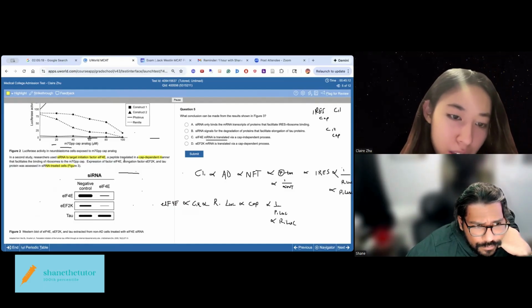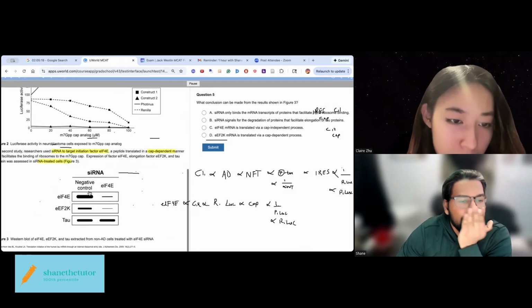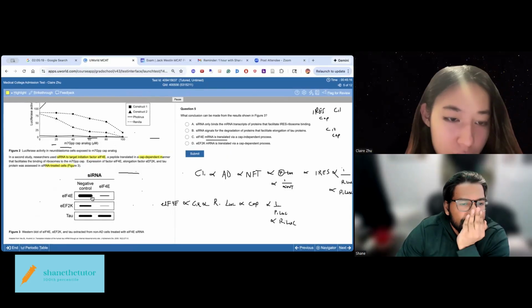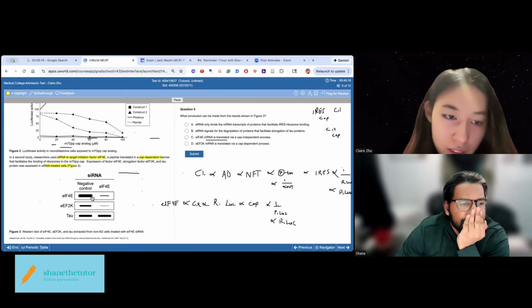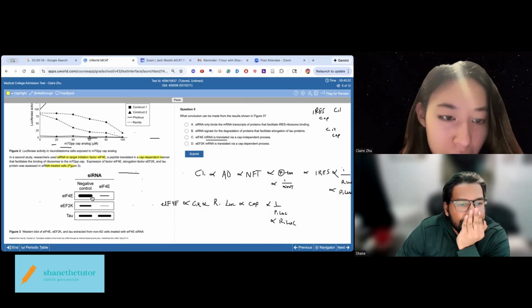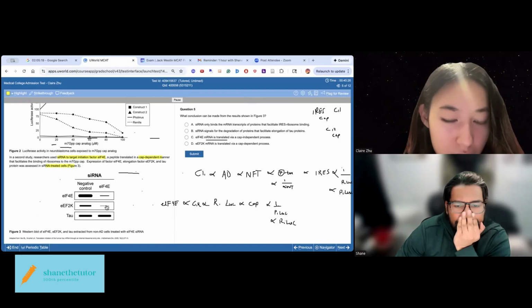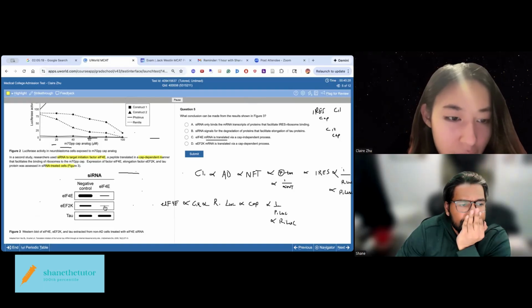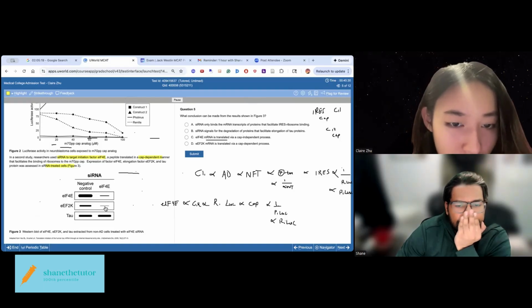From the figure, I'm seeing that the negative control, it seems like the experiment is working because there's signal. And then it seems like there's less of EF2K when ELF4E is there.